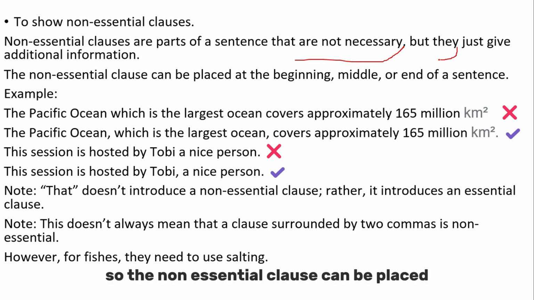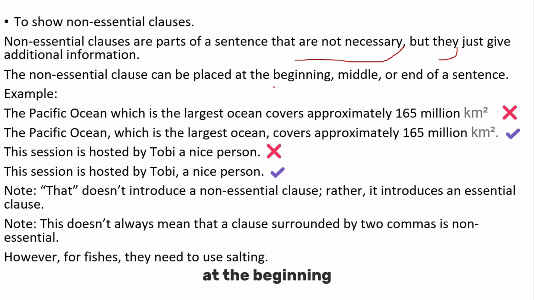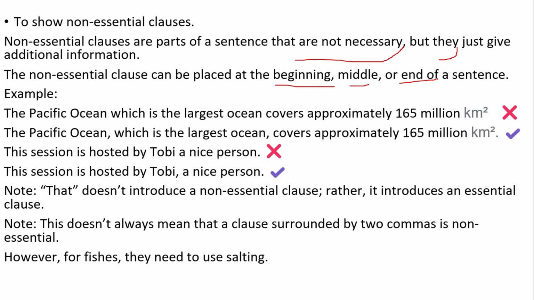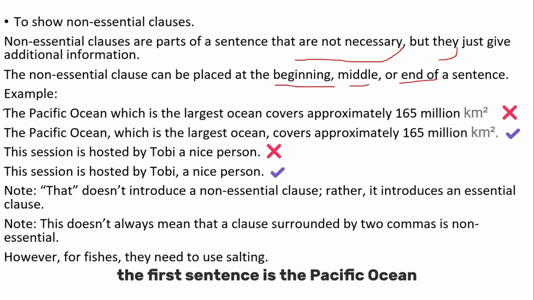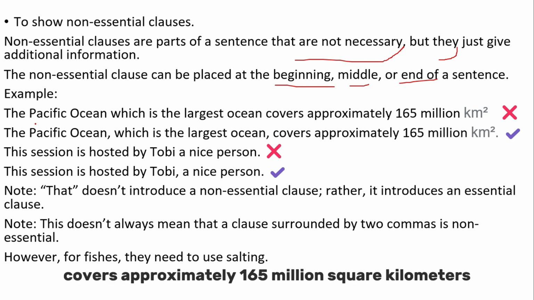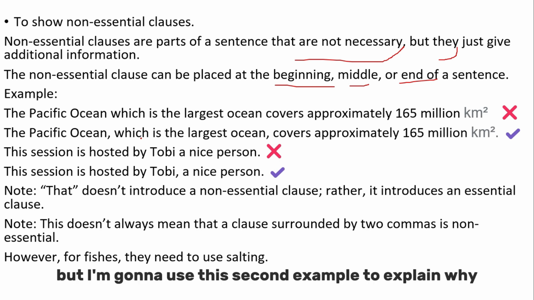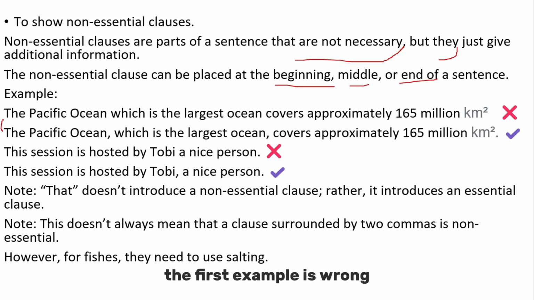The non-essential clause can be placed at the beginning, middle, or end of a sentence. That depends on the writer. In this example, the first sentence is "The Pacific Ocean, which is the largest ocean, covers approximately 165 million square kilometers." This is wrong, but I'm going to use the second example to explain why the first example is wrong.